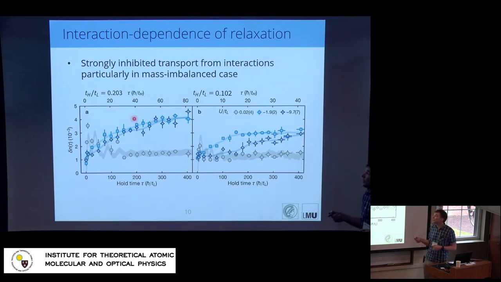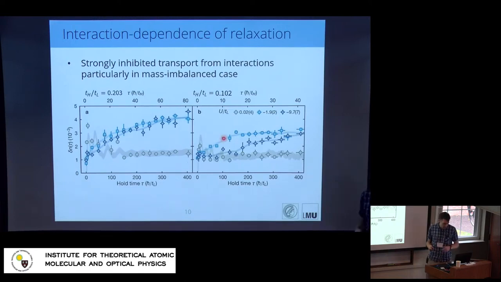from the theory, whereas we can see a much more dramatic effect, and this is basically what's giving us these expected very long timescales of the relaxation when we do this at a larger ratio of, in this case, 10 in the tunneling speed between the two components and U over T of 10. So what you can see here is that the more strongly interacting system is much more dramatically slowed down.